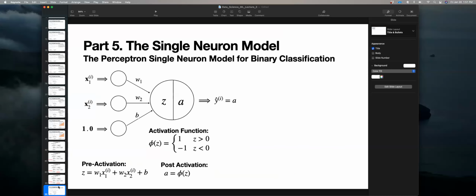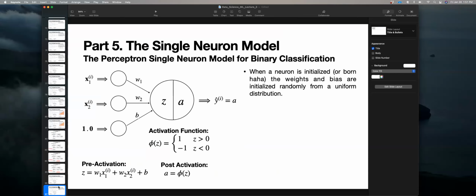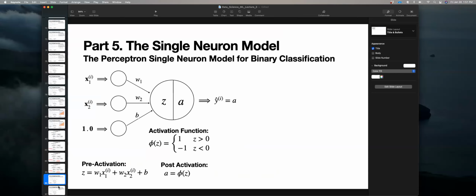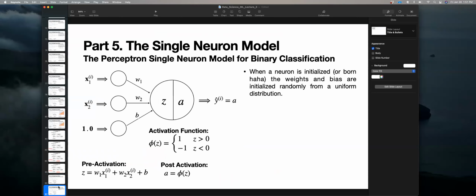So what's next? We're getting started now with how we're going to find those weights. When neurons are initialized, or born, the weights and bias are randomly chosen from some uniform distribution or a normal distribution. It's really important that these weights are taken randomly, and the same with the bias.